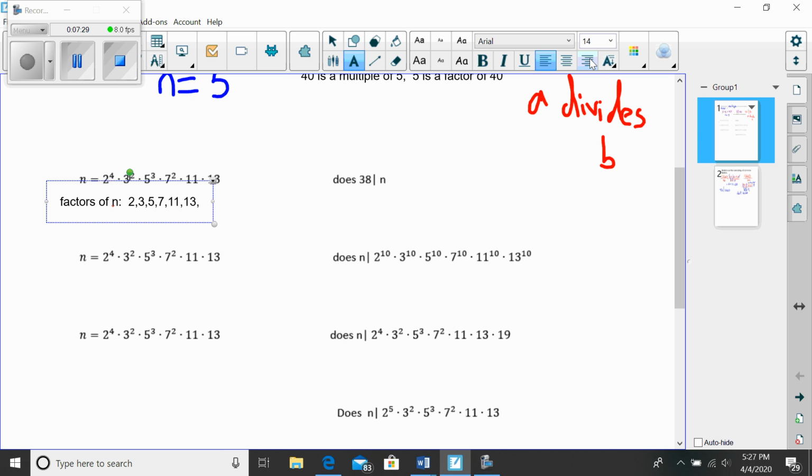Then I had listed out 10, since that was 2 times 5. I listed 22 because that's 2 times 11. 26 is 2 times 13. And so for your homework or for your classwork, you were listing out other factors.